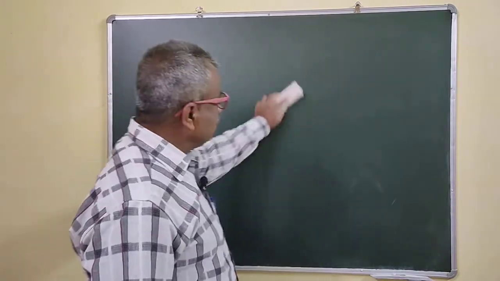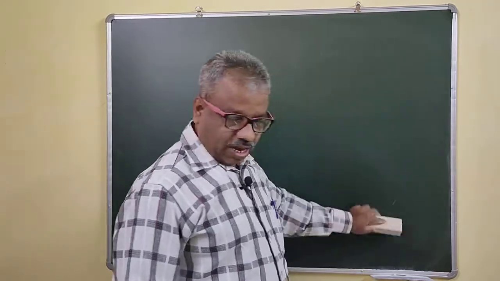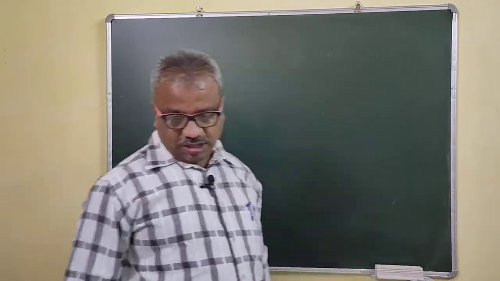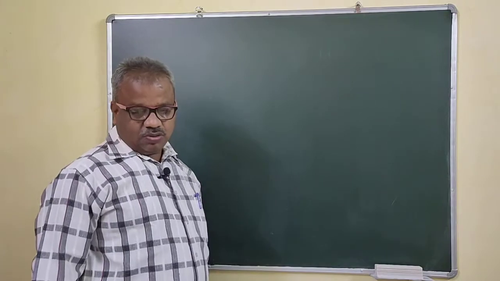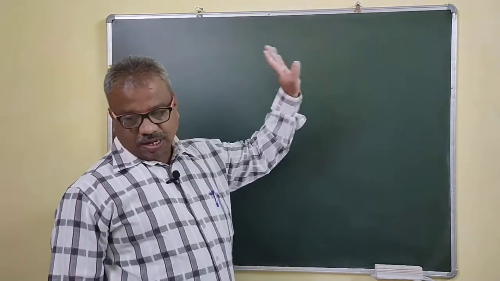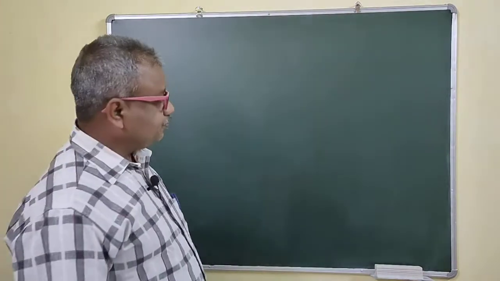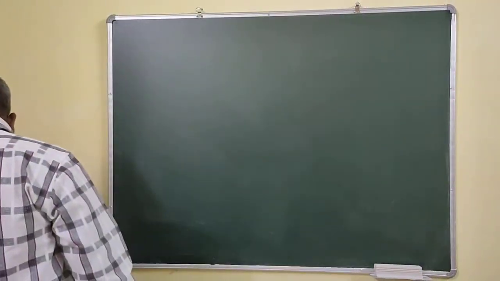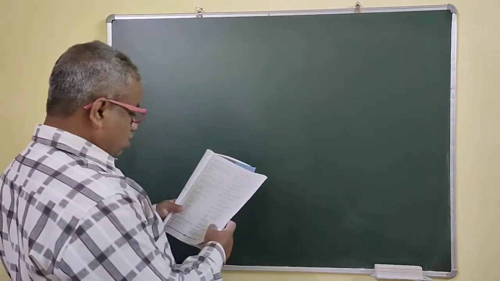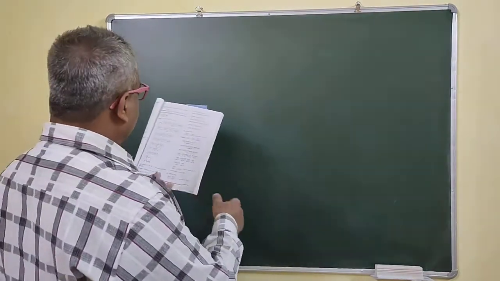Tan square theta minus sec square theta equal to 1 may happen by mistake, so instead just write the fundamental identity and with its help obtain that relation. I hope you understand that, the last problem.